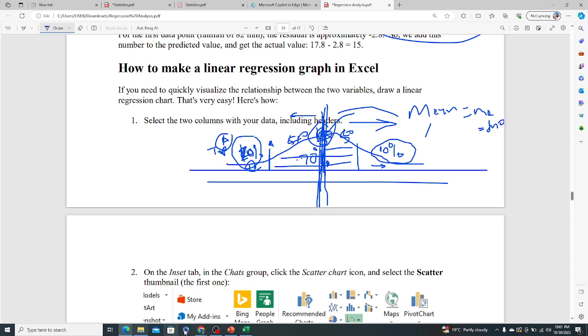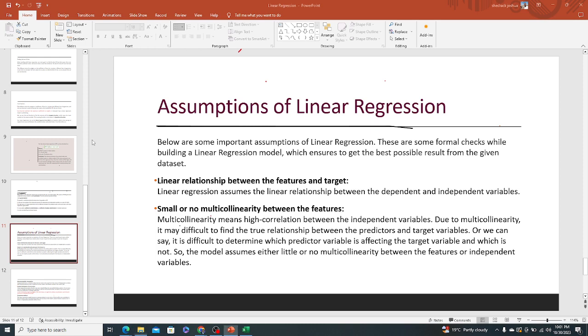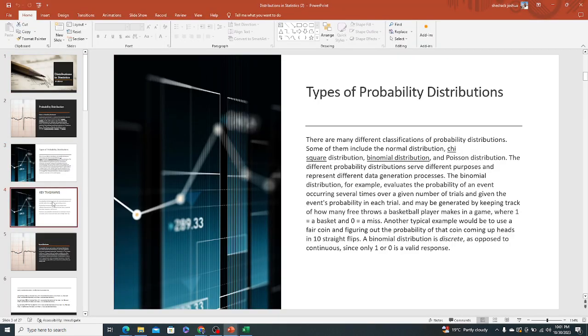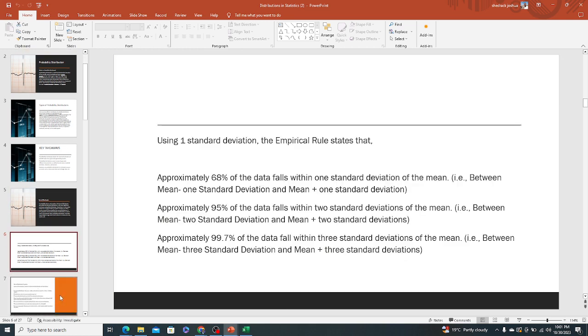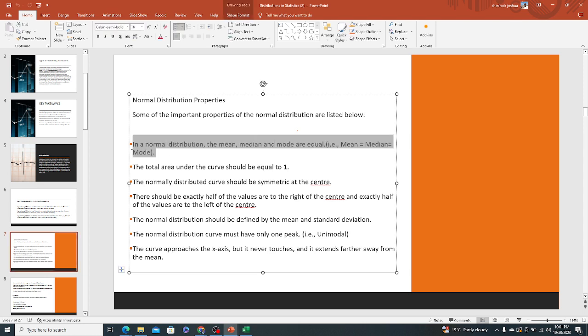We shall check that when we come to the distributions, the normal distribution. You will see that in a perfect normal distribution, the mean, median, and mode are equal.